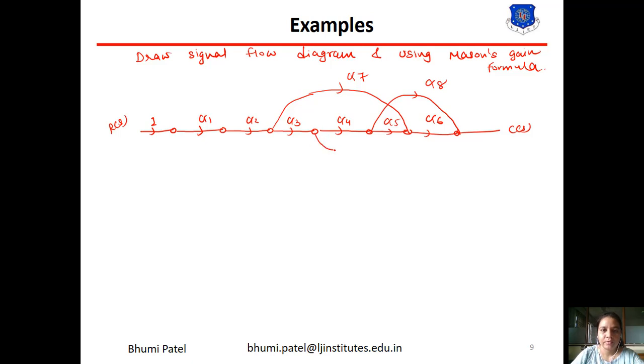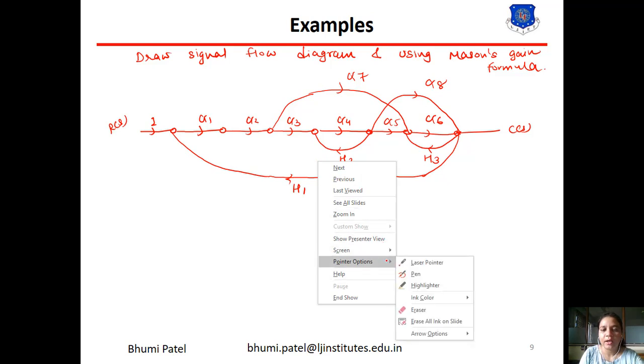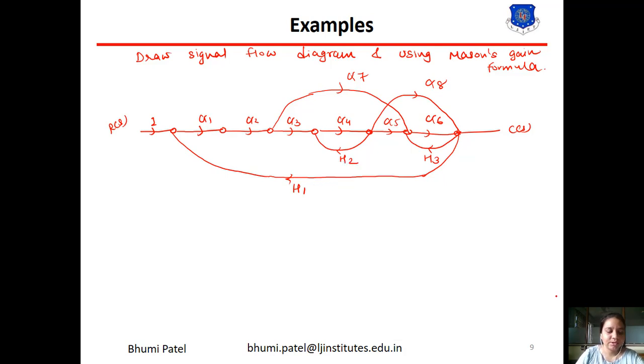Here the feedback signal is given H2, here it is given H3, and here it is given H1. So this forward arrow indicates the forward path of the system and the feedback arrow indicates the feedback path of the system.